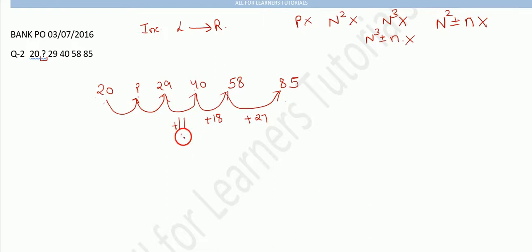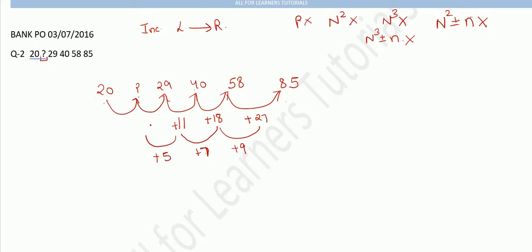Okay, so how will you get 11 and 18? You will get it as plus 7. How will you get 27 from 18? Plus 9, right? So just apply this logic which we are getting, and we will check our logic too. Now let's check. If it is 7, then this should be plus 5.